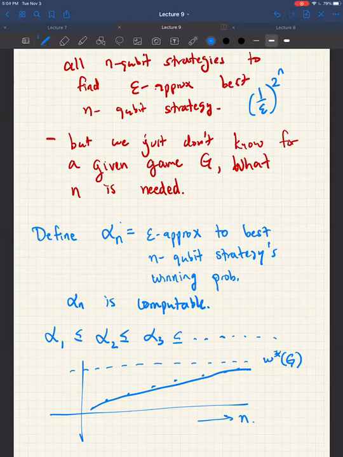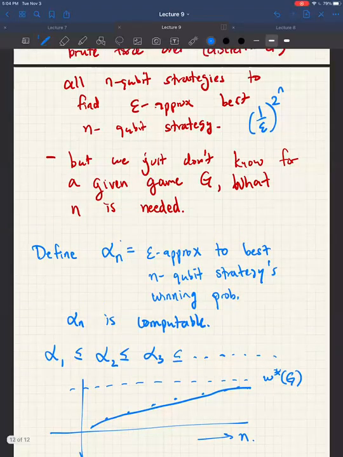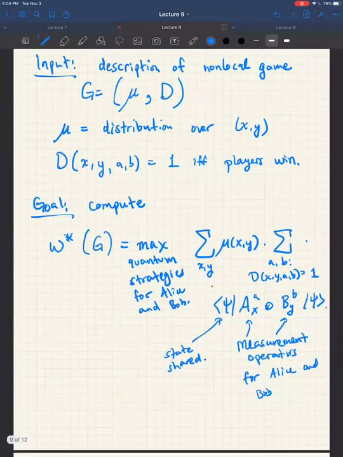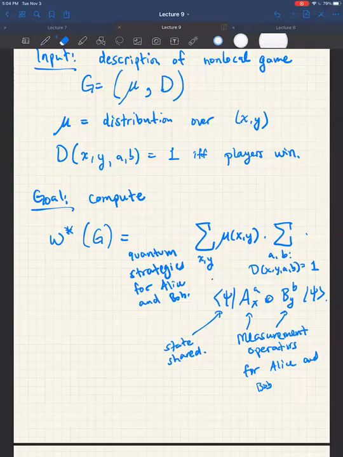Is this omega star of G a supremum over all winning probabilities, or is there always an optimal strategy? Great question. It actually is a supremum. That's a subtle but very important technical detail.